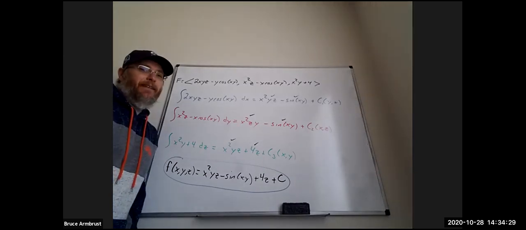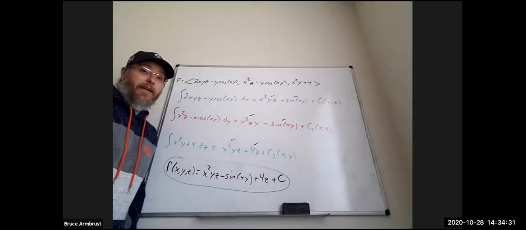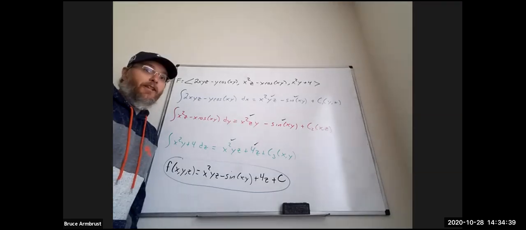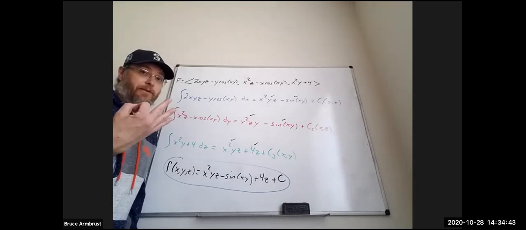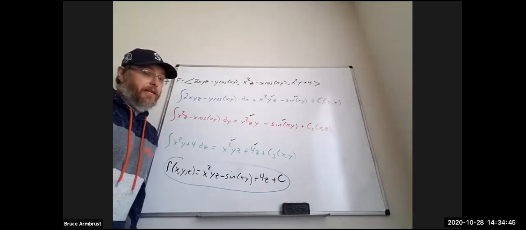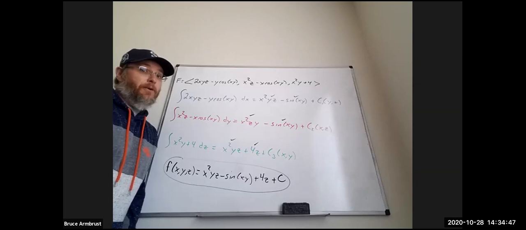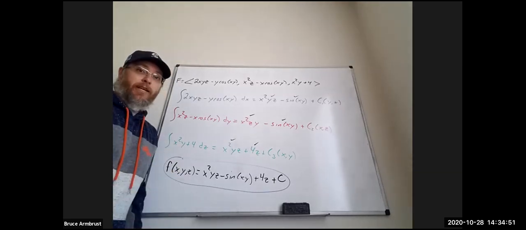I mean, it's a simple process, right? It's just do partial integrals. Go until you've done all of them. The bigger the vector field, the more you're going to have to do. If it's 3 dimensions, you got 3 integrals to do. If it's 2 dimensions, you only have 2. But it's just integrate, integrate, integrate.